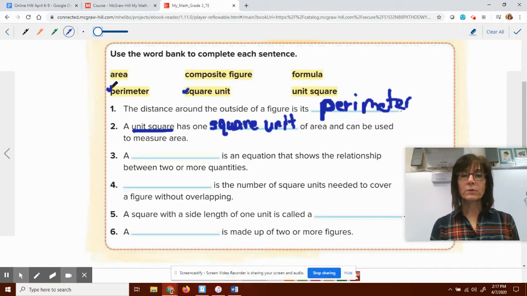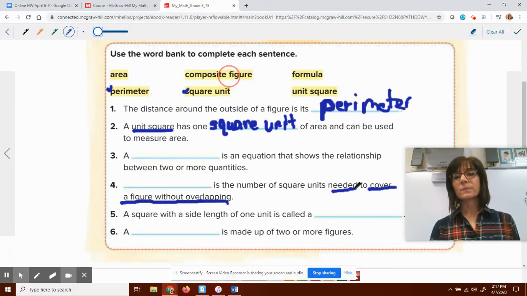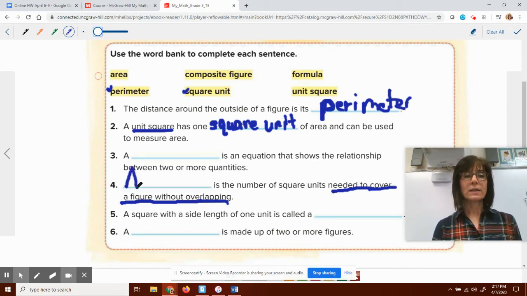Blank is the number of square units needed to cover a figure without overlapping. The secret words here, a figure without overlapping and needed to cover. When I hear things like that, I know it's going to be the area. So let's put a capital A there.